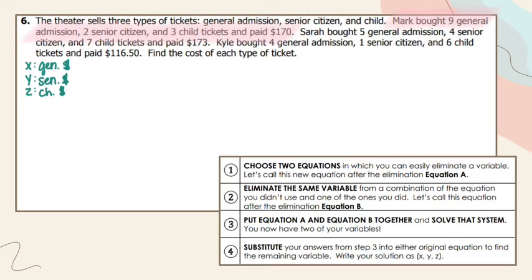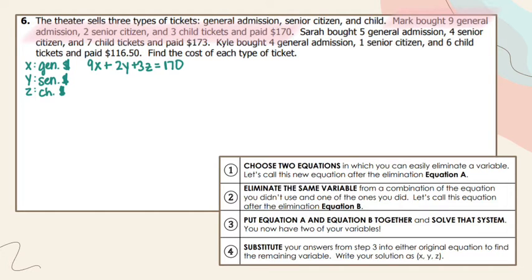So for Mark, he bought 9 general admission, so 9 times x plus 2 senior citizens, 2y, and 3 child tickets, 3z, equals $170.